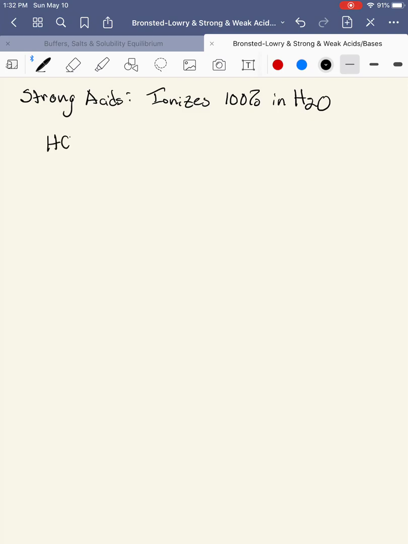So HCl, hydrochloric acid, is a strong acid, and it goes 100% in the direction of H plus and Cl minus. We get nothing, everything. So if I started out with 1 molar of this, and I had none of this initially, I would end up with none of this because all of it gets used up.